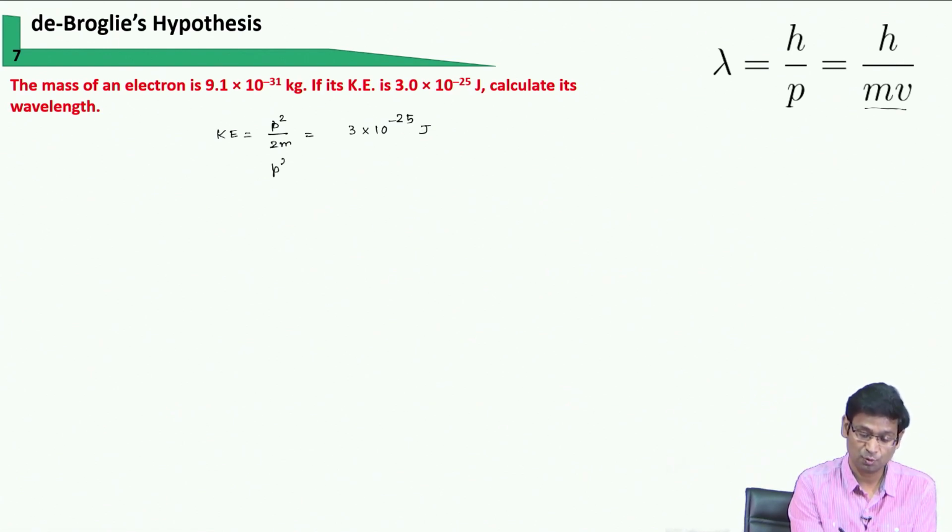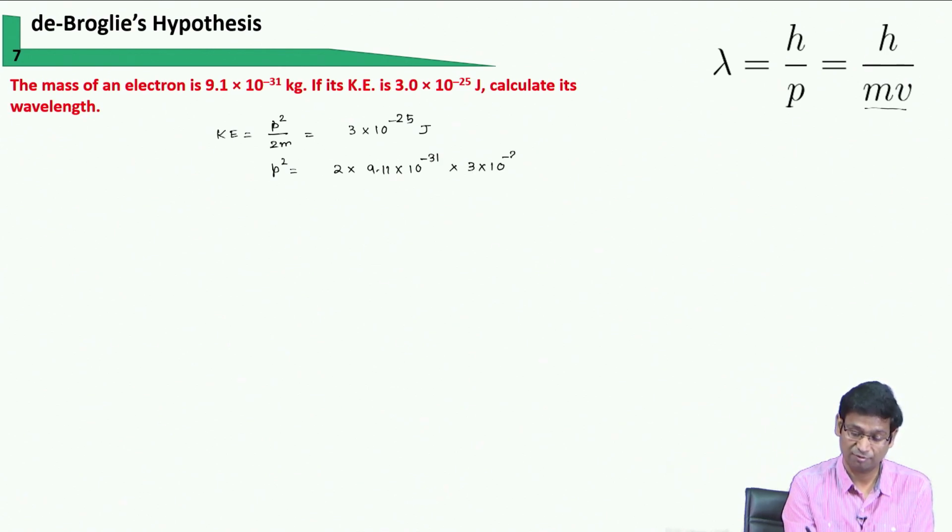So, therefore, p square is 2 into mass of electron 9.11 into 10 to the power minus 31 kilogram, 3 into 10 to the power minus 25 joule.